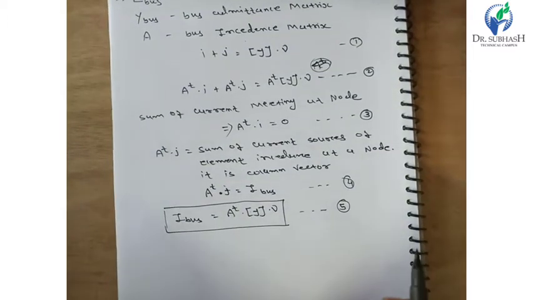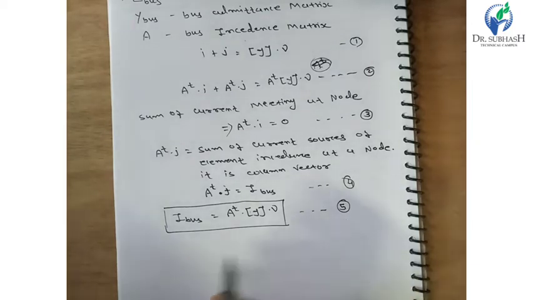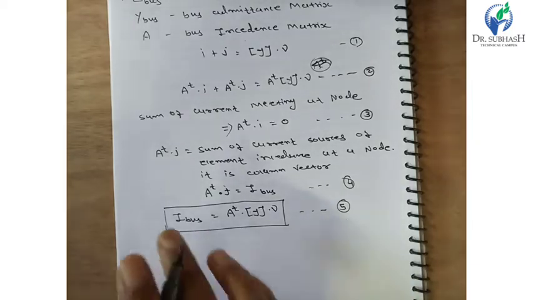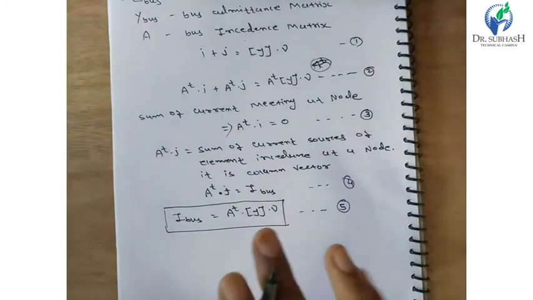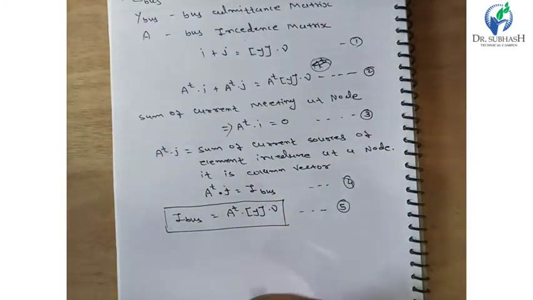Now if the bus voltage vector is represented as V bus, here the current value is continuous, and after that we go for the discussion of the bus voltages.